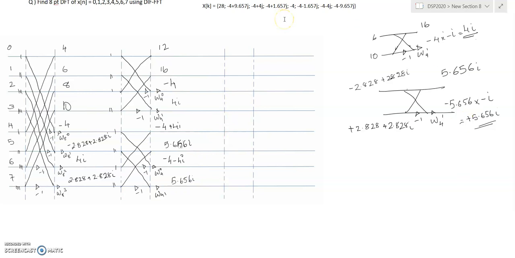Now we are proceeding on to the last stage, which will be the 2-point DFTs, which will be done 4 times. So we are connecting this, then this, then this, and this is the last one.